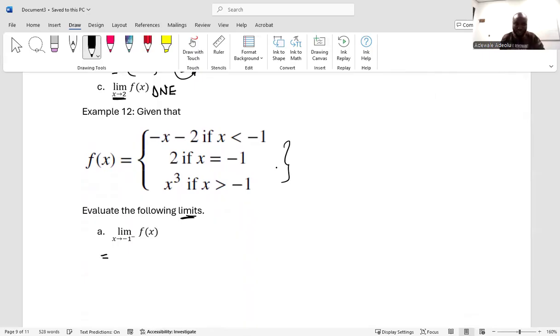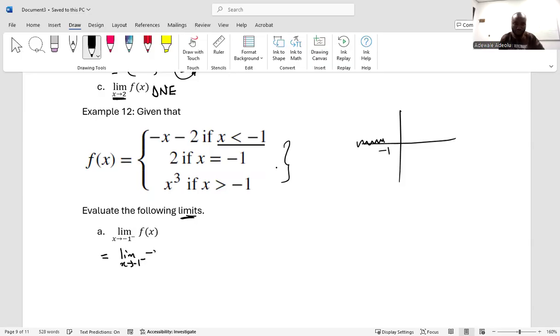The question you need to ask yourself is, what part of that function are we going to consider from the left? Well, this is x less than -1, that is all the values less than -1. And that is what you are considering from the left.